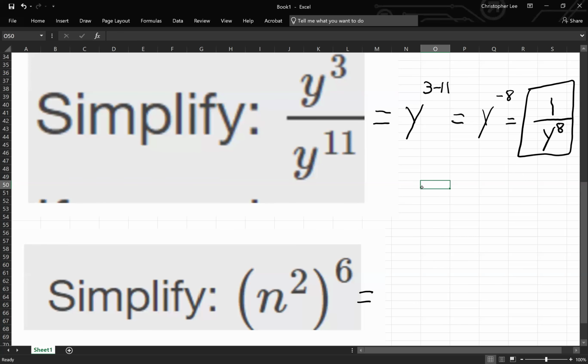I guess you're going to multiply them. Right, it will be n to the power of 12. Exactly. So n to the 2 times 6 power, which gives me n to the 12th power. Very good. So whenever we raise a power to a power, we multiply.